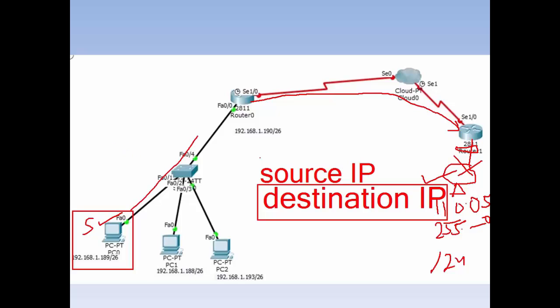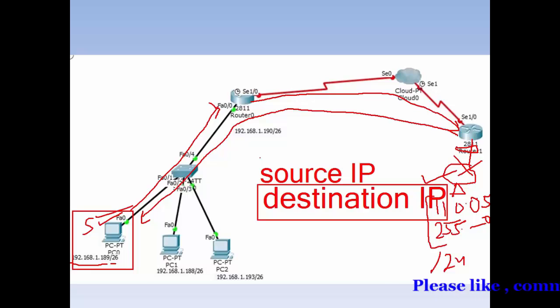Then how does the router know the network ID of this destination IP? In the same way, when the reverse process starts, the address is 192.168.1.89/26. How will the router calculate the network ID for this network?